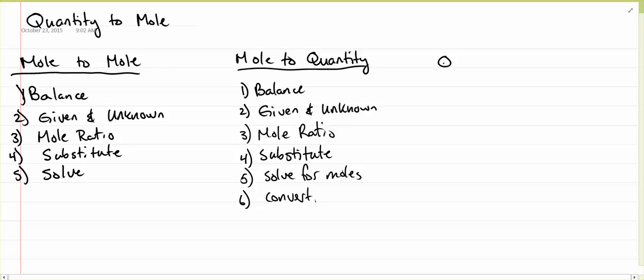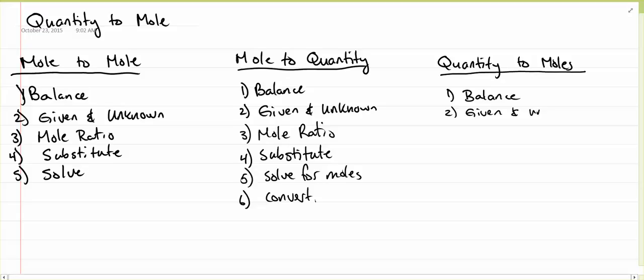Now, when we're working on quantity to moles, we need to think about where we want to do the conversion. The first two steps always remain the same, balance and given and unknown. But before we can go on to the mole ratio, we need to convert our given quantity into moles.